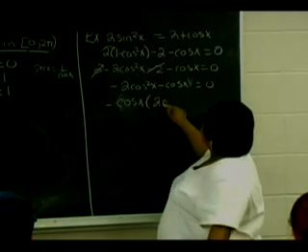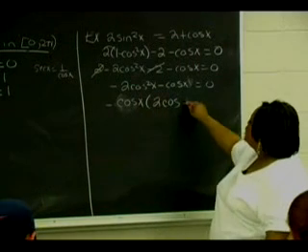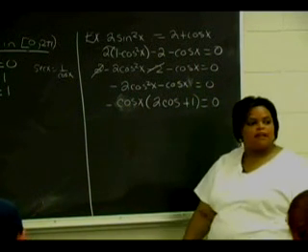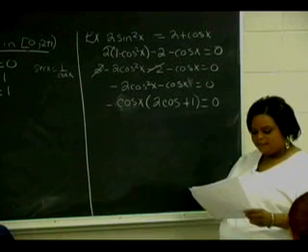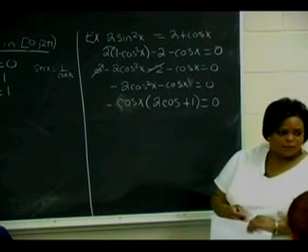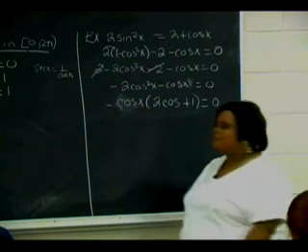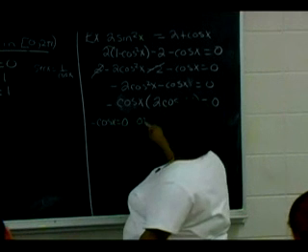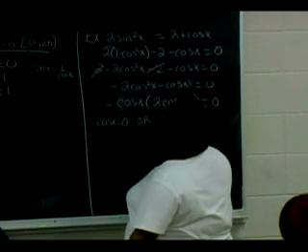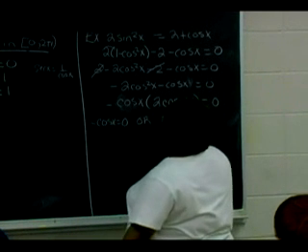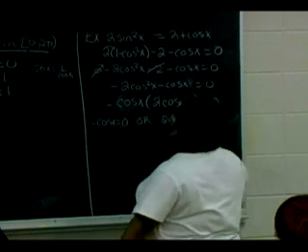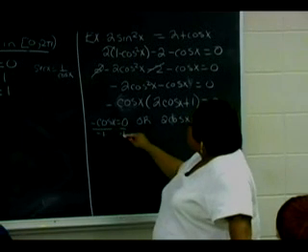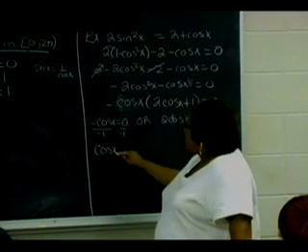So I have negative cosine x times 2 cosine x plus 1 equals 0. Now I can use the property of zero products, to say that negative cosine x is 0, or 2 cosine x plus 1 is 0.